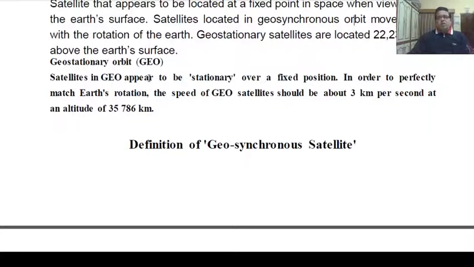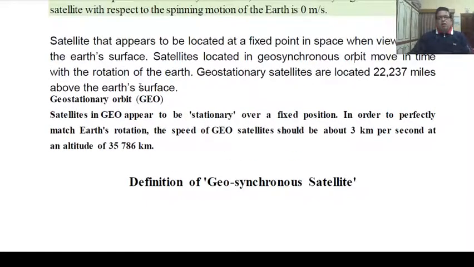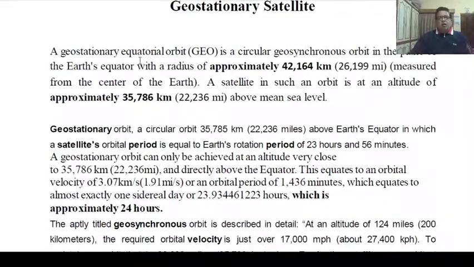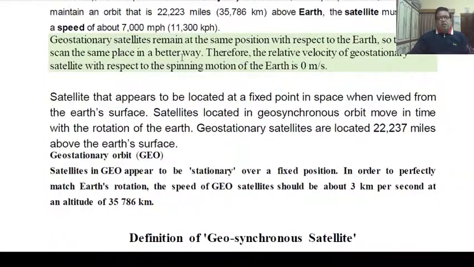Satellites in geosynchronous equatorial orbit. This is the form GEO, short form of geostationary equatorial orbit.